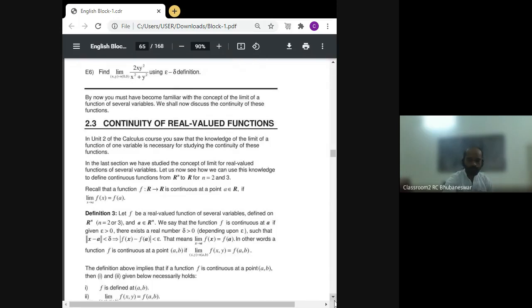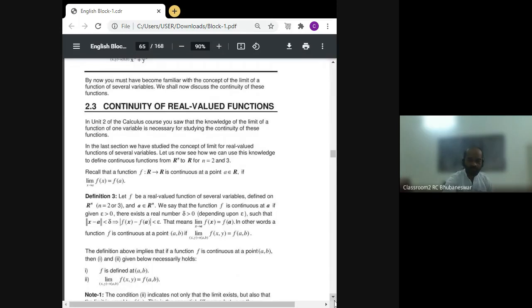So let us move to the section on continuity of a real valued function. As we have discussed, the definition of continuity of a function in a single variable was also given for our reference.